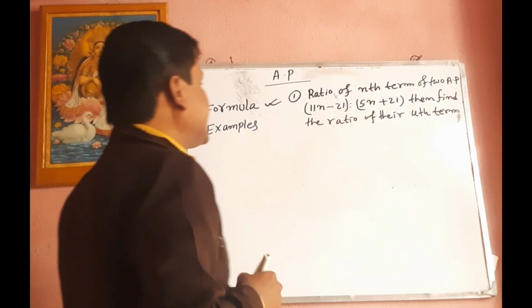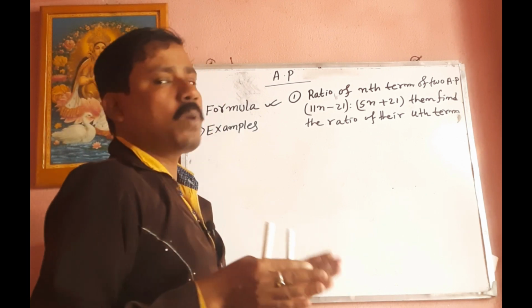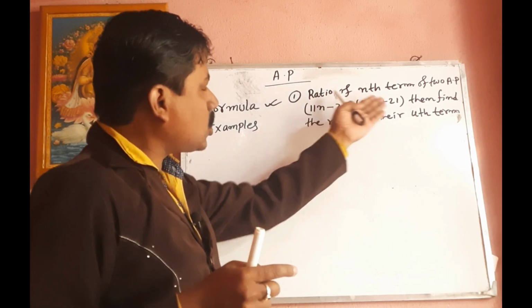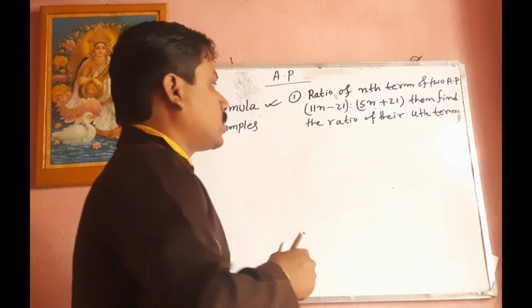Now the first example: the ratio of nth terms of 2 APs, that is arithmetic progressions, is this one. Then find the ratio of their 4th terms.